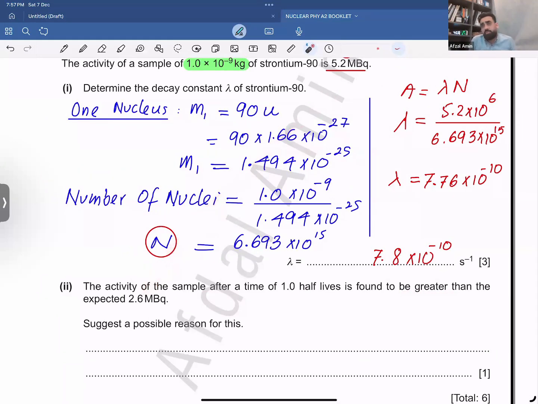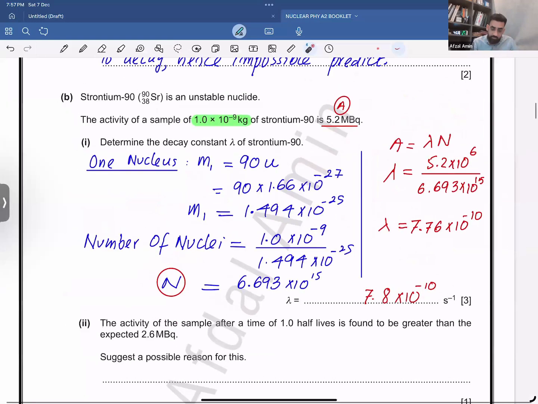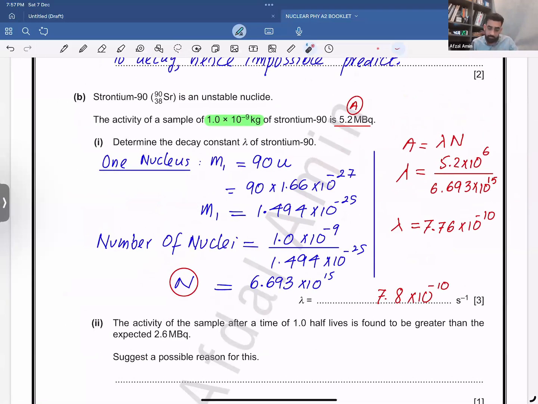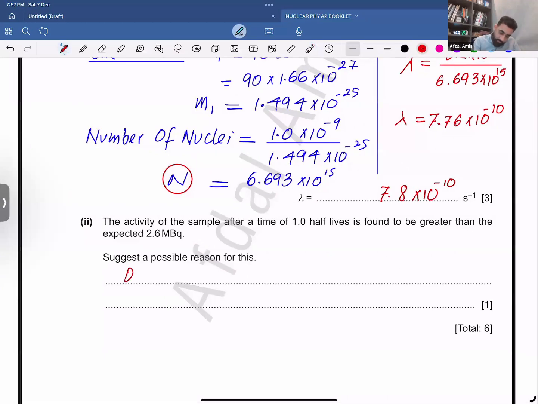Last time I wrote general points for you, like maybe due to background, it is greater. Maybe the decay product is also radioactive. Both of these talk about this. So they say it is found to be greater. So what is the decay product? You can just say the product or the daughter nuclei.